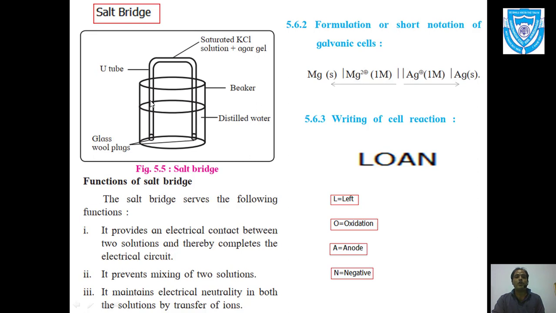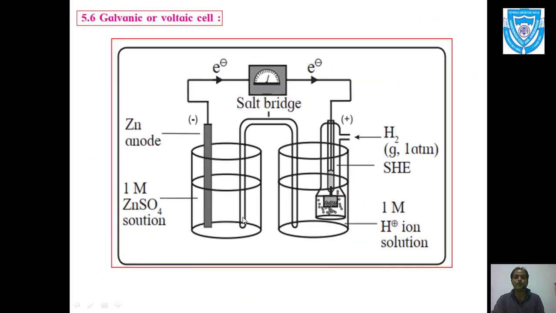It allows the flow of ions through it, as shown in the previous slide. It allows the flow of ions from one half cell to the other half cell to complete their electrical circuit, and then only the flow of electricity is possible when the circuit is closed.